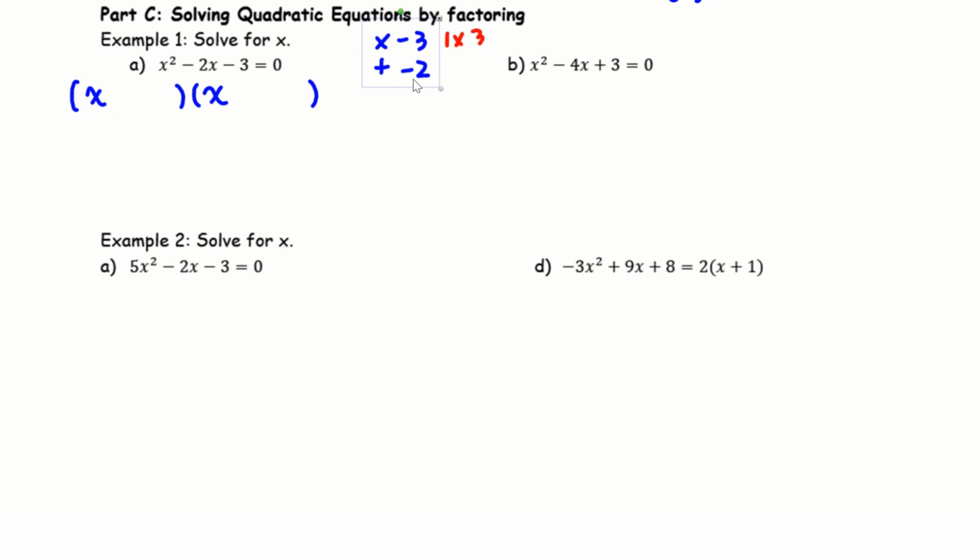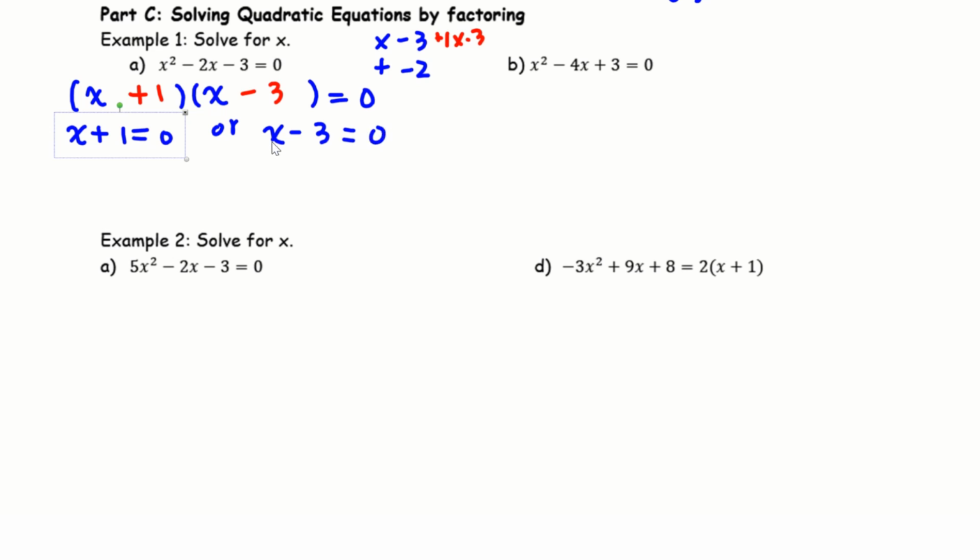And add together is negative, so the larger number needs to be negative. You have negative 3 and plus 1. Put in the bracket, then equals 0. So two numbers times together equals 0, then as long as one of them equals 0, it will give you 0. So x plus 1 equals 0 or x minus 3 equals 0.